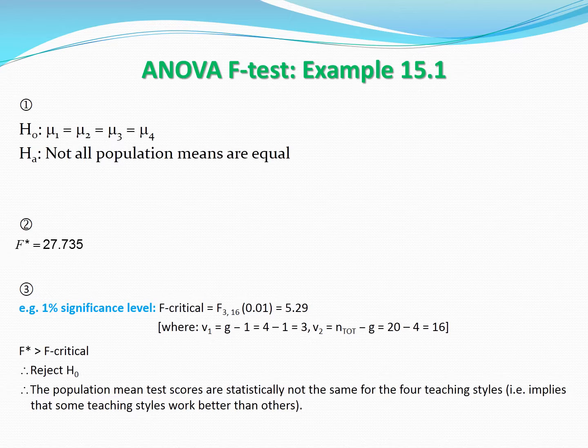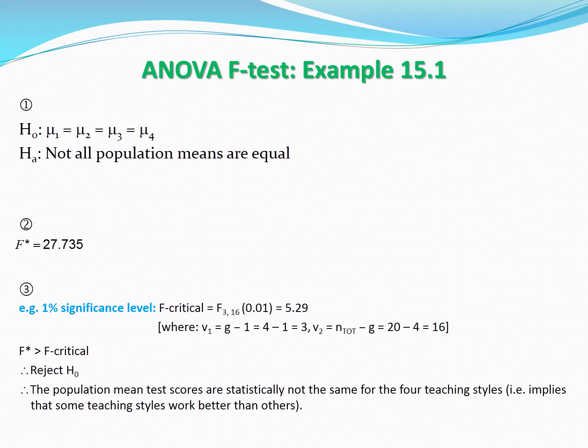Then you go to your 0.01 F table, and our treatment degrees of freedom was 3, and our error degrees of freedom was 16. So if you go to column 3, row 16 in the 1% F table, then you will see that your F critical value is 5.29.